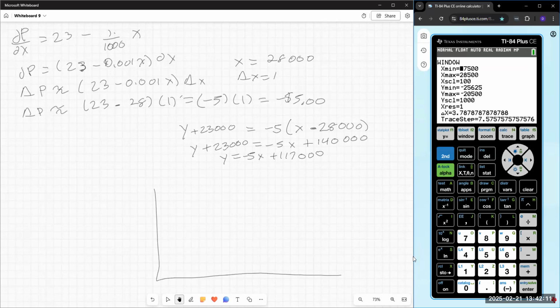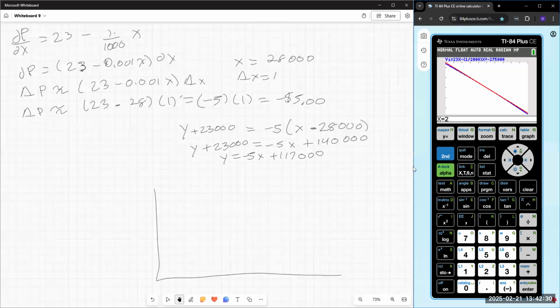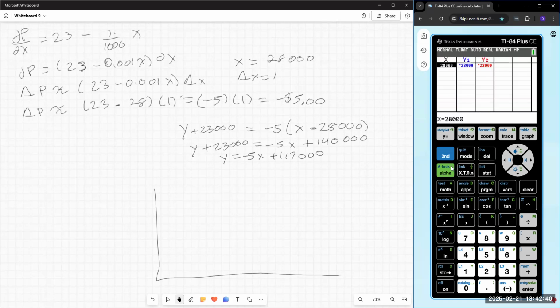So if we trace here, there's 28,000, and 23,000 is that point. And now if I trace and go to 28,001, let me just do that in the table here, 28,001.